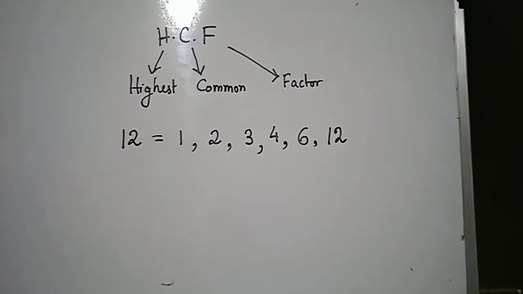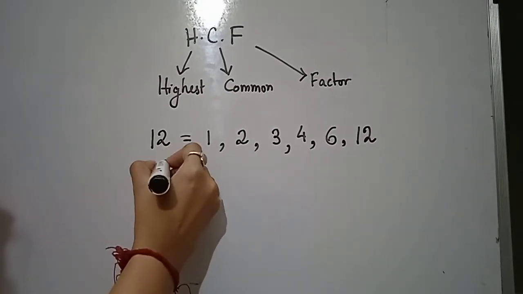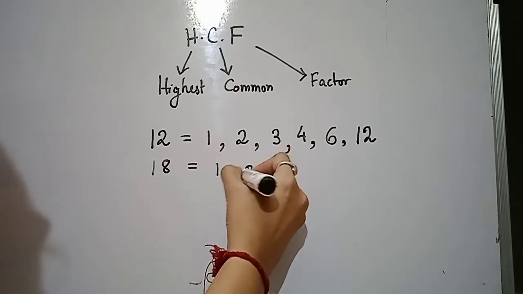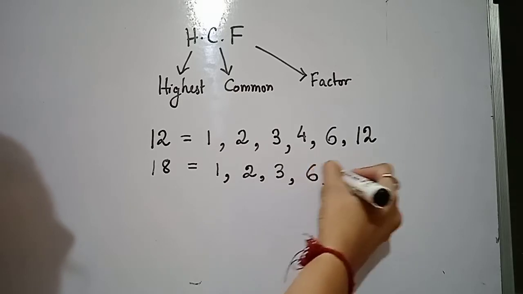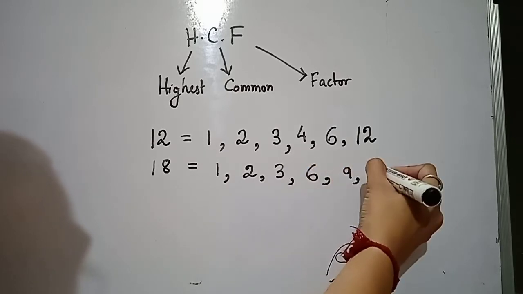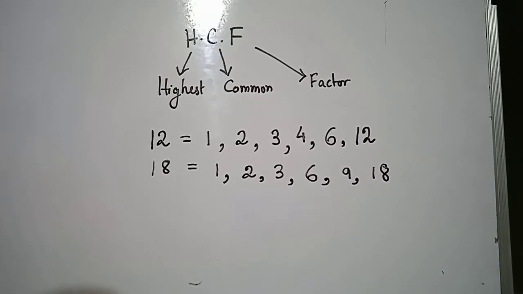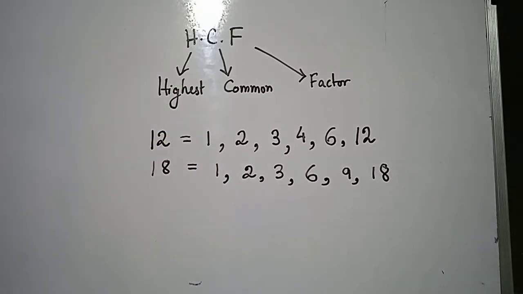Now, if I want to find the factors of, suppose, 18. So I know 1 can divide 18, 2 can divide 18, 3 can divide 18, 6 can divide 18, 9 can divide 18, and 18 can divide 18. To find the common factors, common means the numbers which are in both of these two numbers.